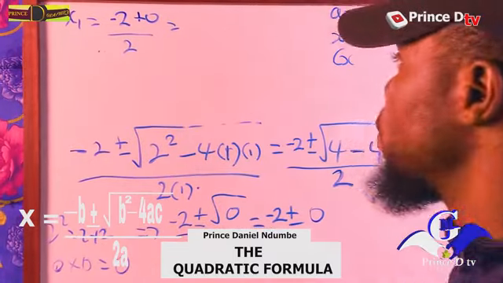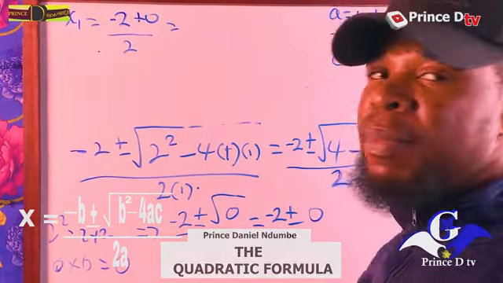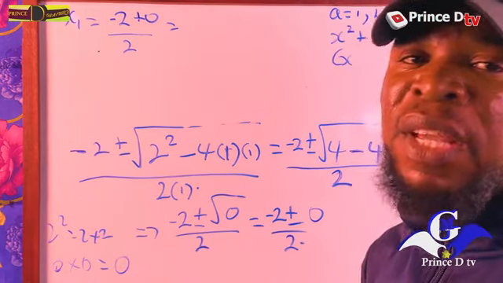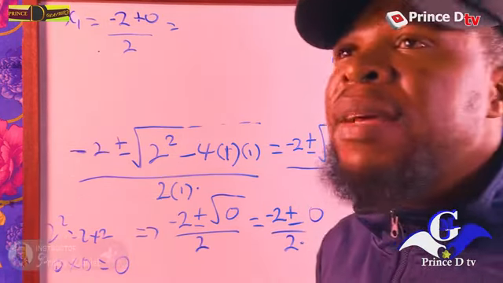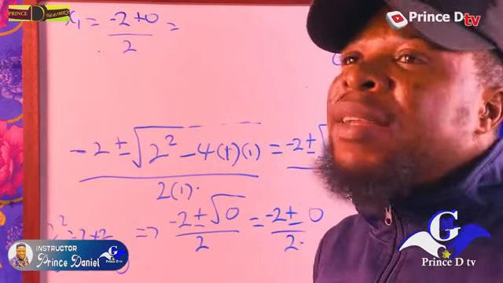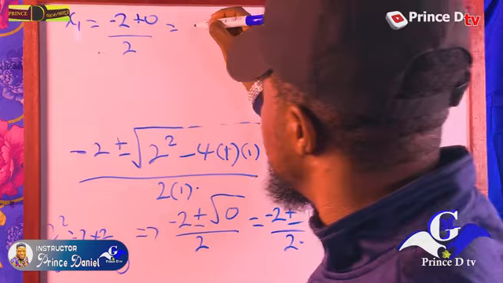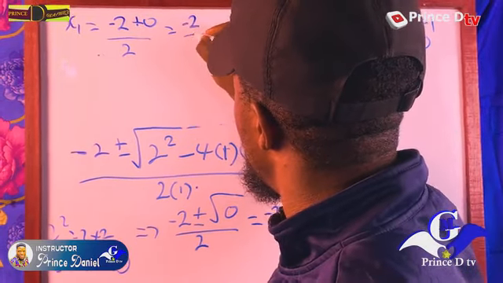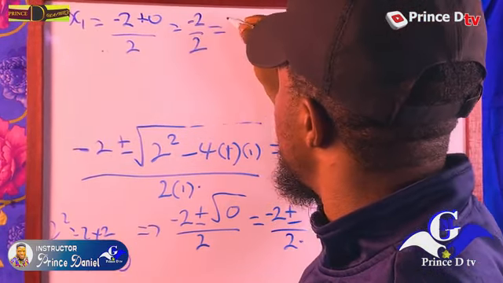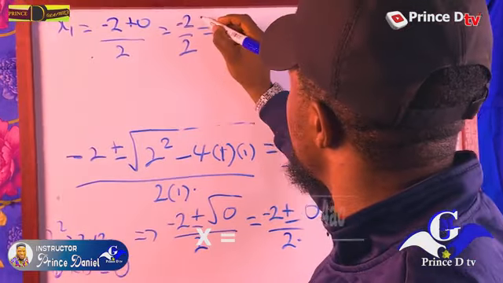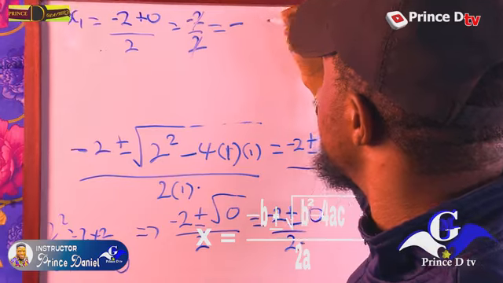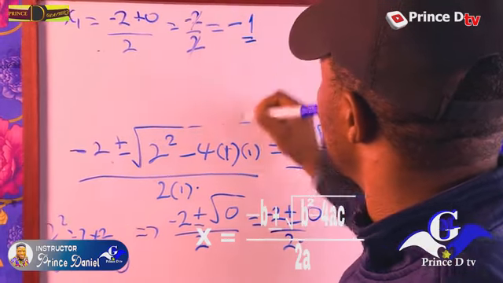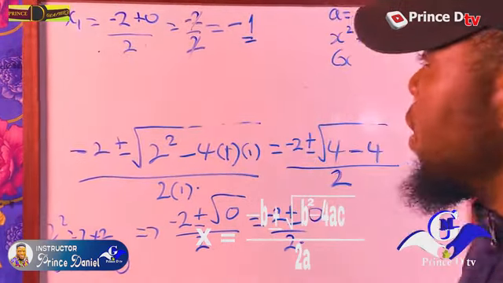Remember our number line, minus 2 plus 0 means we add simply nothing. It remains the same, so minus 2 over 2, and 2 divided by 2 is simply 1. So our x1 is negative 1.